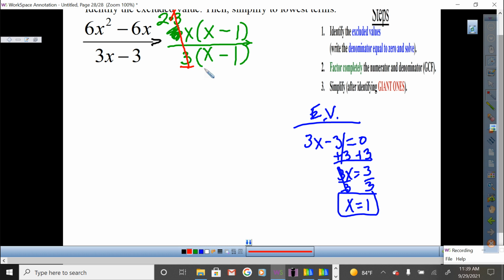However, the second one, who saw that this is exactly the same as this? That's a giant 1. Did I make a point there? Yeah? So what does that leave us with? 2 and x, so this is 2x. Woo, let's go.